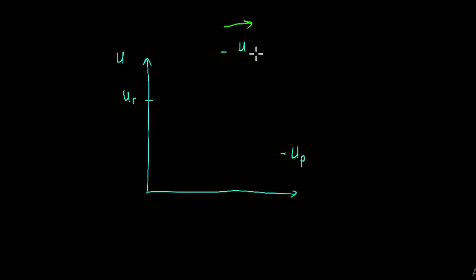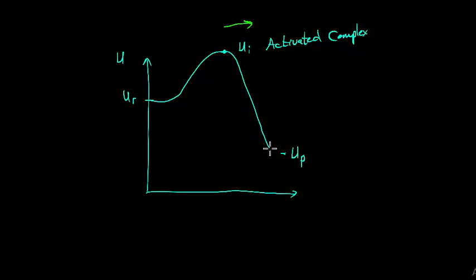a higher internal energy, and the absolute maximum of these internal energies is called the activated complex. That's what we looked at in the previous video. In order for this reaction to occur, it's a smooth graph reaching the activated complex, and then as the intermediate molecules produce products, we go down there.